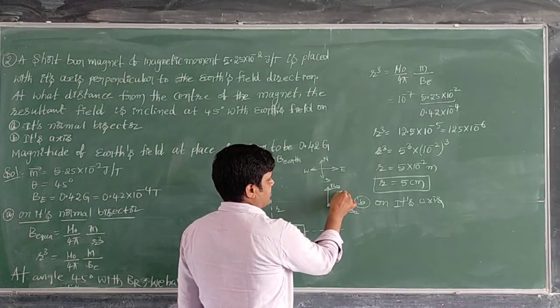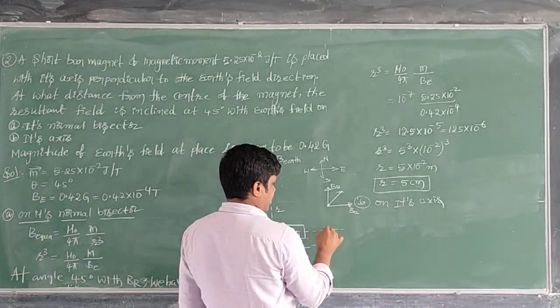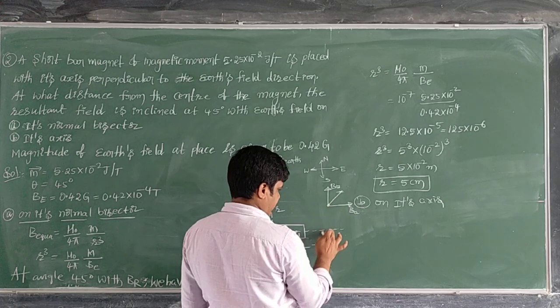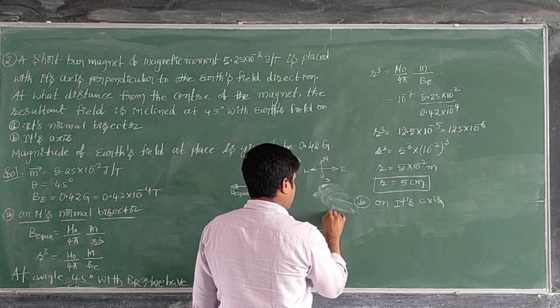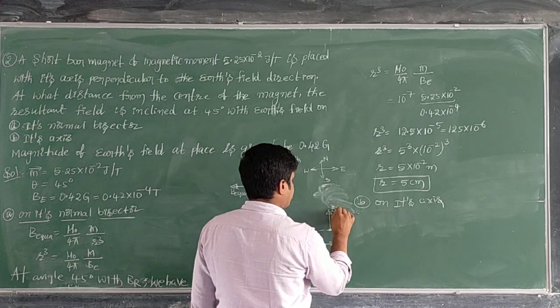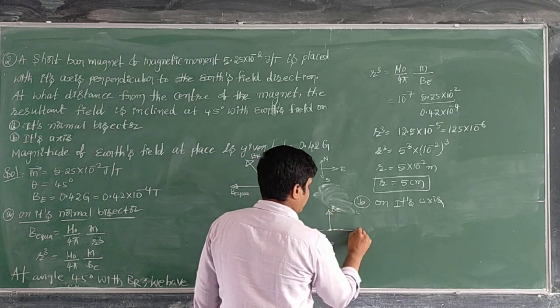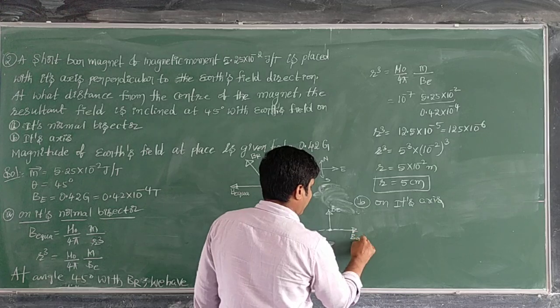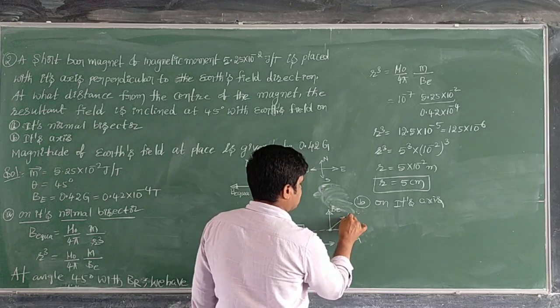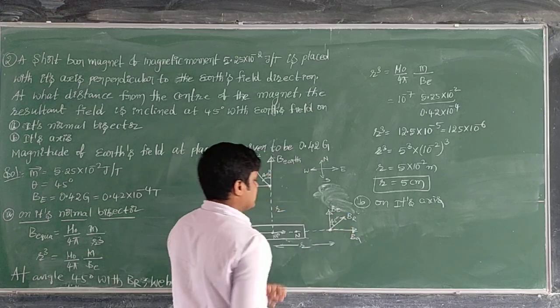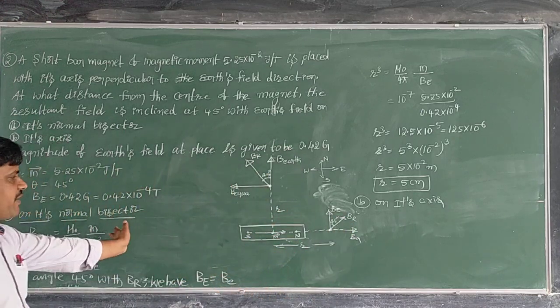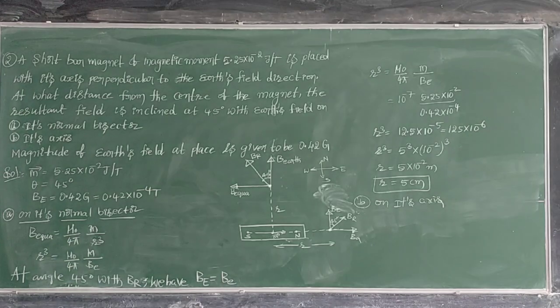Now this is the resultant magnetic field at this point. Here the field is due to earth, and here the field is due to the axial. This is the resultant magnetic field, so here this is 45 degrees. Same you apply the formula and you may get the answer.